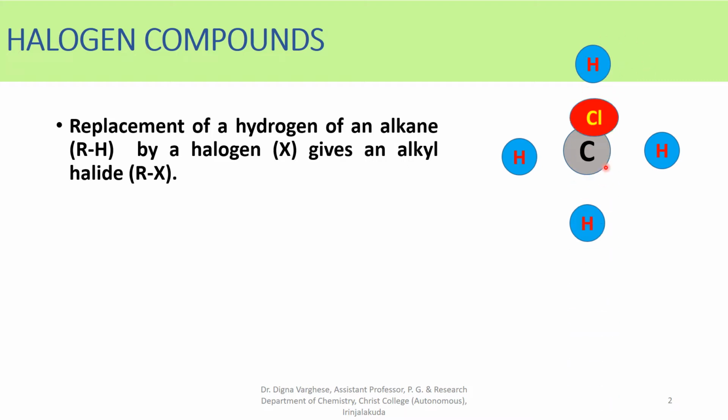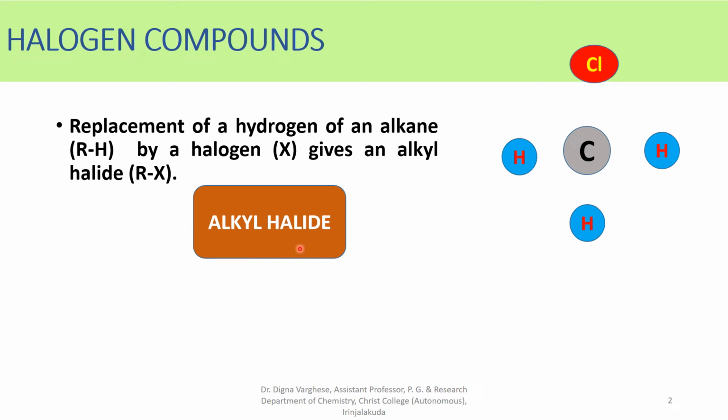Here the chlorine atom replaces one of the hydrogen atoms of the methane molecule and forms an alkyl halide. Here it is methyl chloride, formed from methane by the replacement of a hydrogen atom by a chlorine atom.